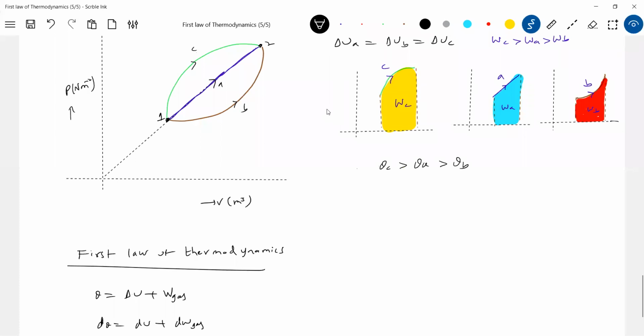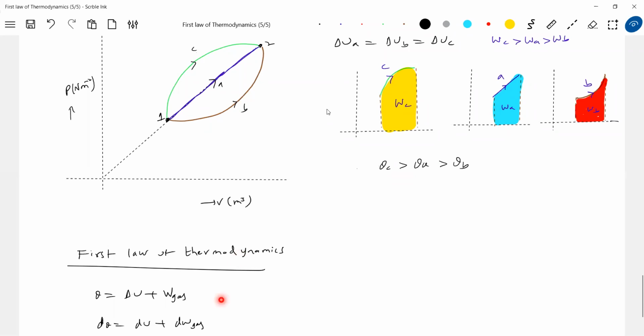Because from the first law, delta U is the same for all, and W_C is greater than W_A, greater than W_B. Therefore Q_C is greater than Q_A, greater than Q_B. So which are path dependent? Heat exchange and work done are path dependent. Which is path independent? Change in internal energy.